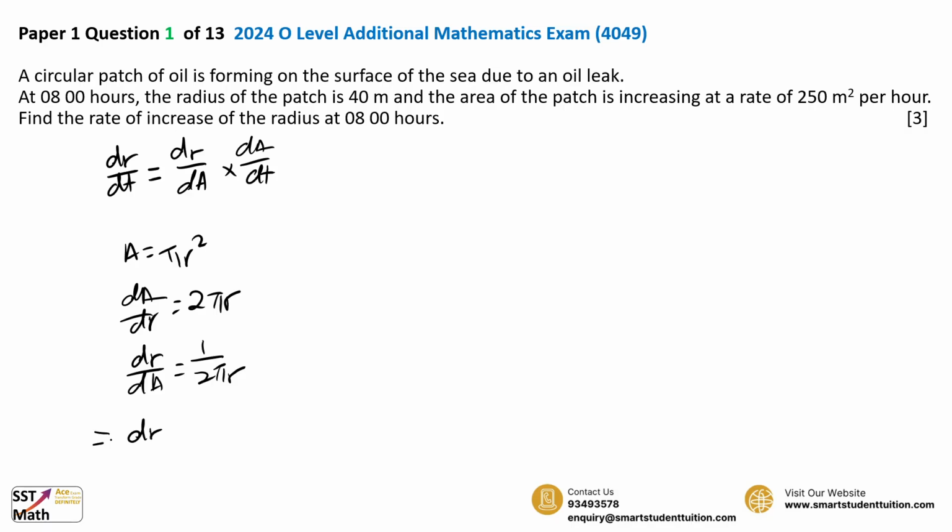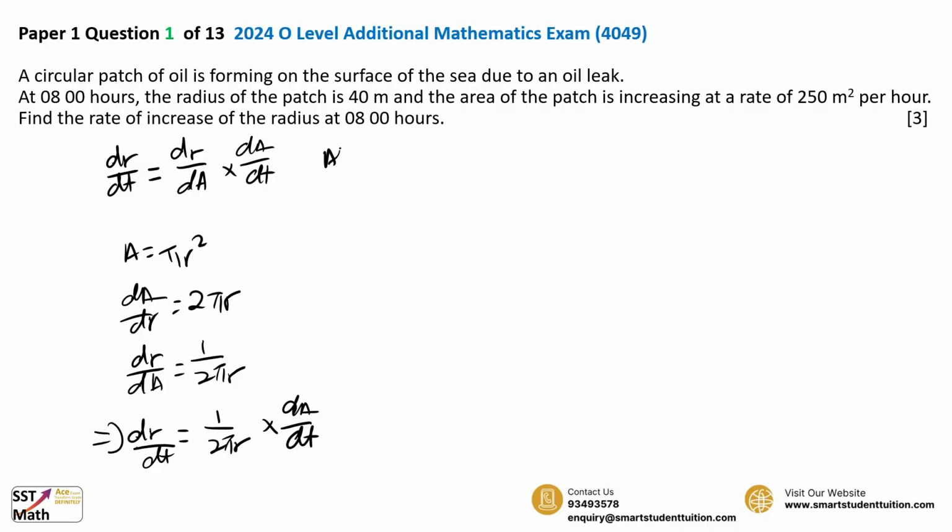Therefore, dr over dt is equal to 1 over 2 pi r multiplied by dA over dt, right?